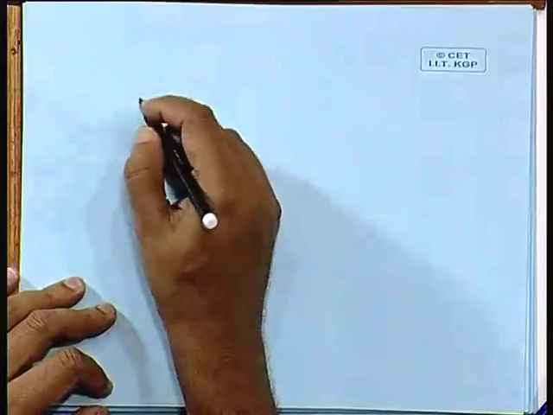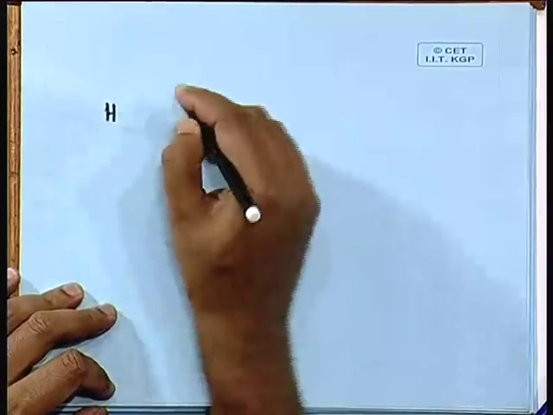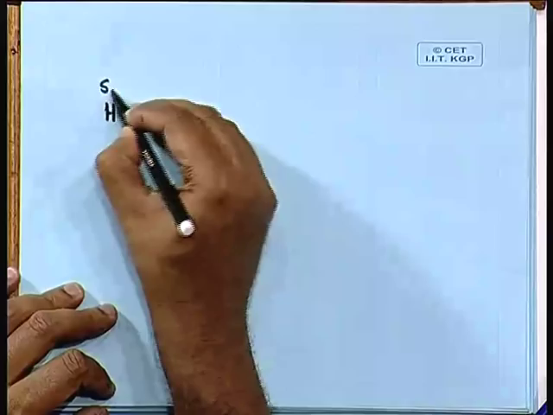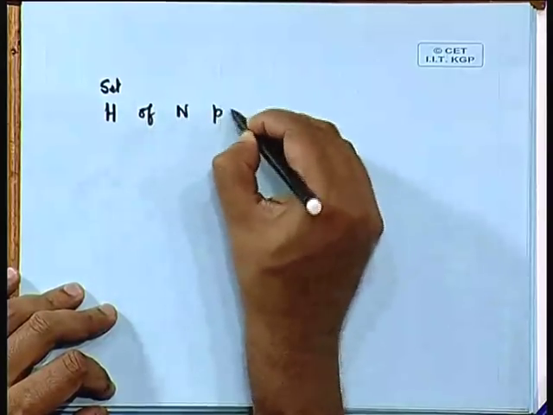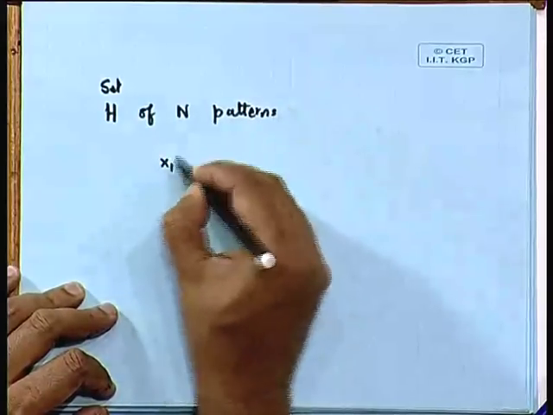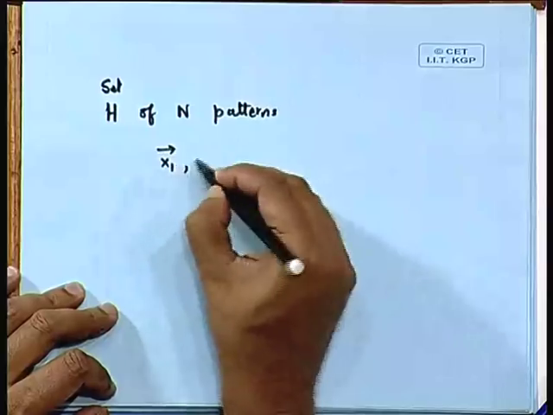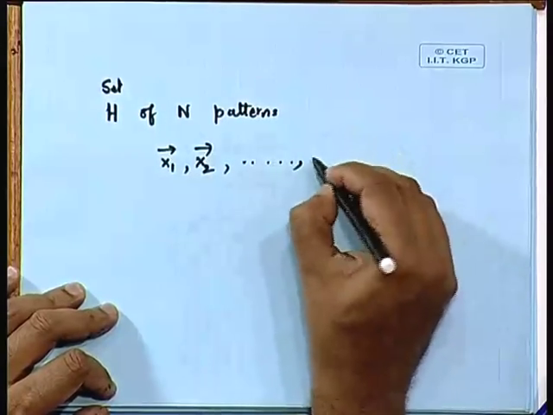Now, in order to discuss that, let us consider a set of patterns. We define a set H of n patterns, and what are those n patterns that we are having? Let us denote them as x1, x2 up to xn.